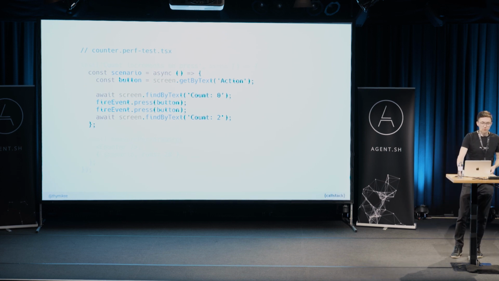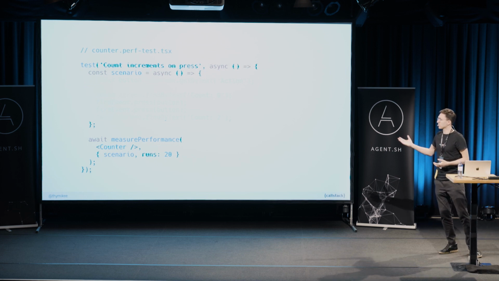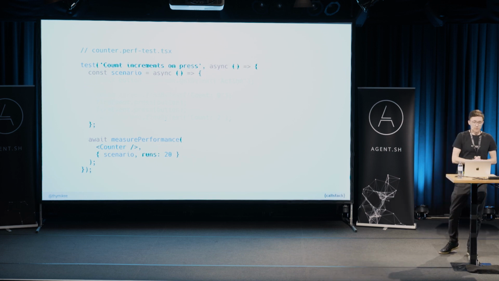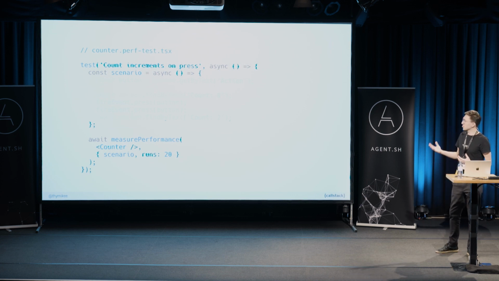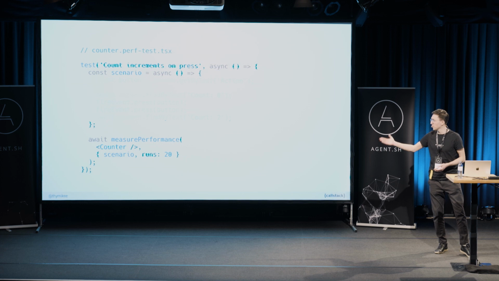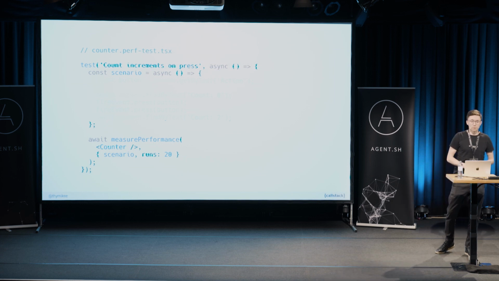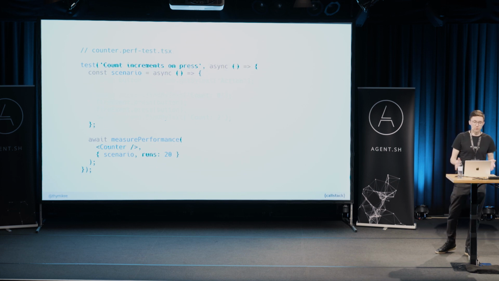And this scenario is used by the measure performance function that we have from Reassure. And in this example, we render the counter component under the hood around 20 times because we tell it so. We wrap it with React Profiler API. This is what runs under the hood.